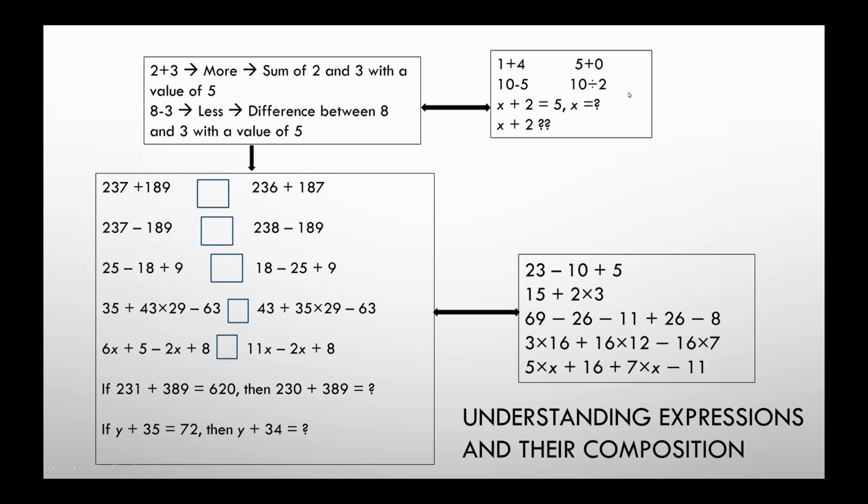So I moved children away first from saying that 2 plus 3 is 5. 2 plus 3 is only one possible way of saying 5. More importantly, 2 plus 3 is also a way to communicate a number which is 3 more than 2, or 2 more than 3, or the sum of 2 and 3. So we used relational words: more than, less than, product of, quotient of.